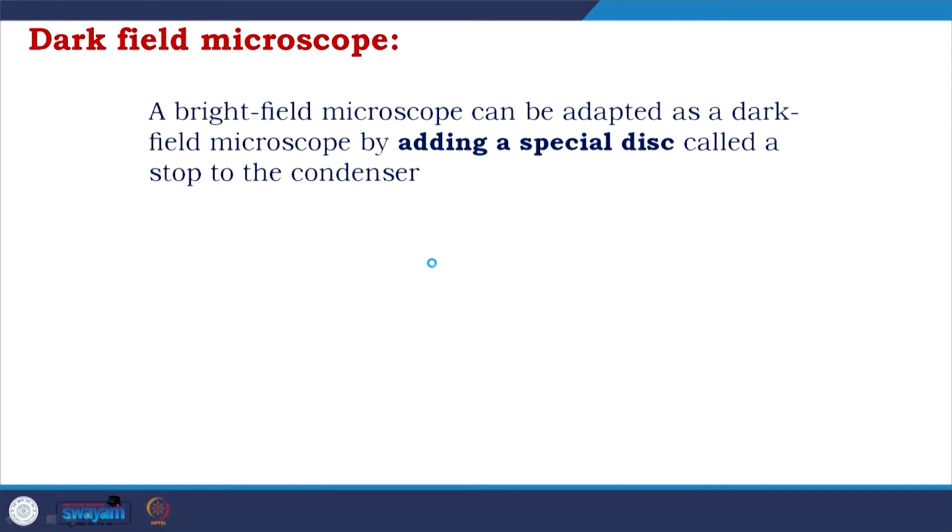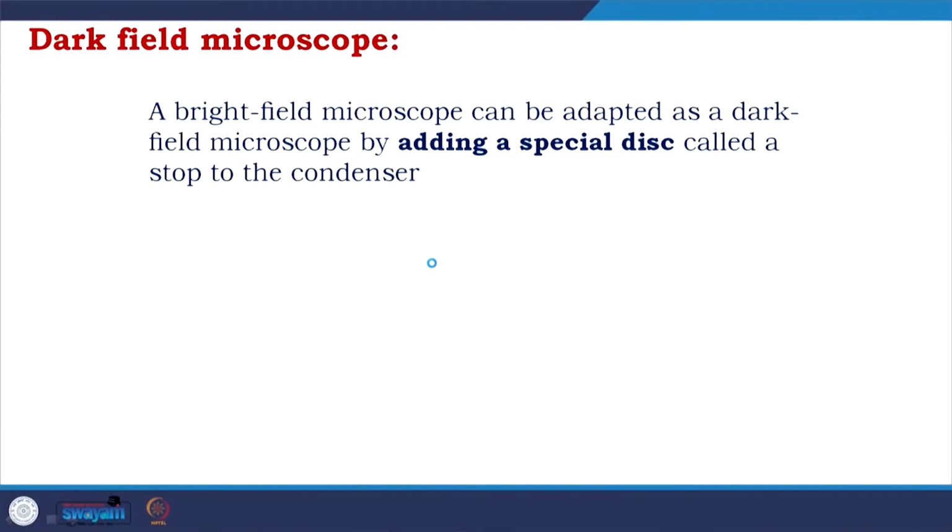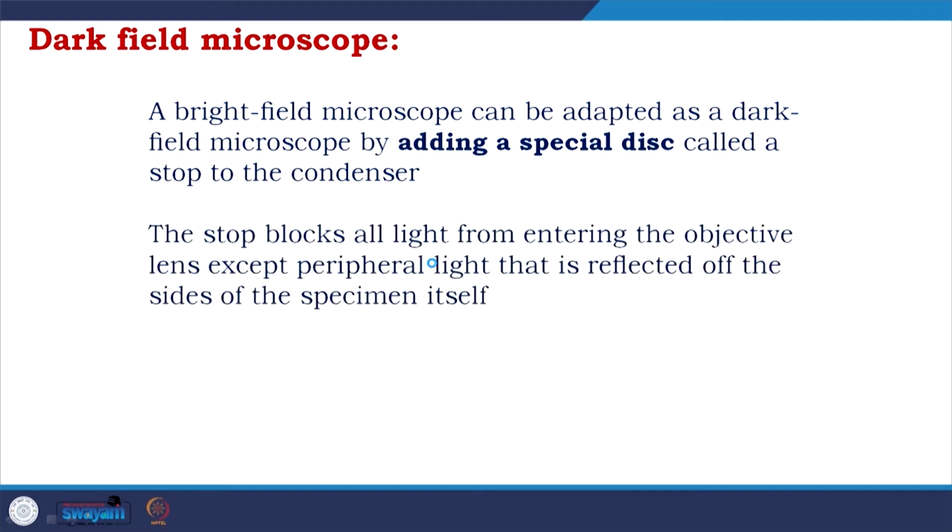What is a dark field microscope? The dark field microscope creates an image with a dark background and an illuminated picture. A bright field microscope can be adapted as a dark field microscope by adding a special disc called a stop to the condenser. The stop blocks all light from entering the objective lens except the peripheral light that is reflected off the side of the specimen itself.